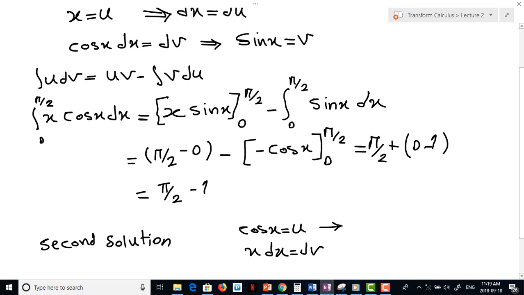From here, if I take the derivative of both sides, we have minus sine x dx is equal to du. And if I take the integral of both sides of the equation, on the left hand side we have half x squared is equal to v.